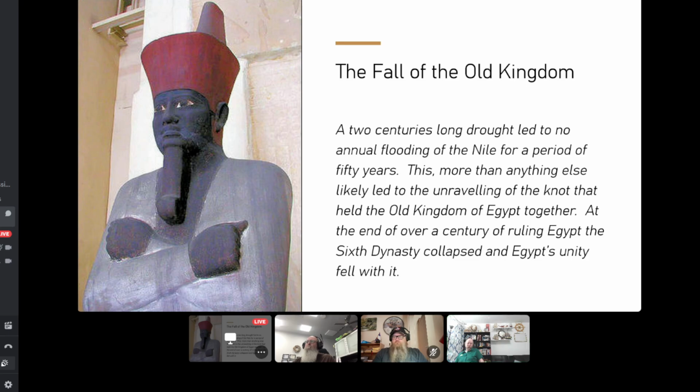Thus, without a clear heir and without a clear succession plan, in the midst of this ecological and economic crisis, the king dies and there's no real plan to go forward. And the regime, the government that was built around him, begins to disintegrate and fall apart.